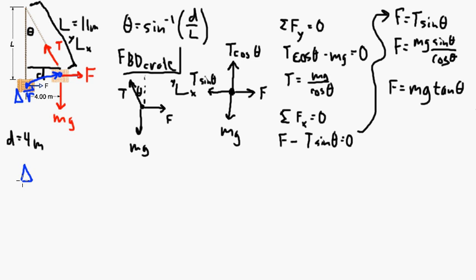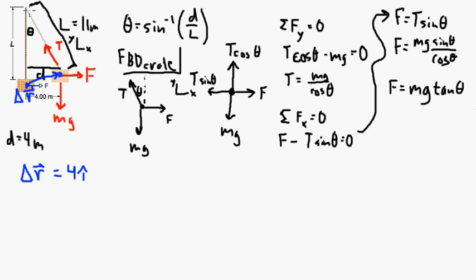Well, delta R equals, and it goes 4 meters horizontally, remember? So 4 i hat meters. I'm going to leave the units off for a minute. And how many meters does it go vertically? Well, it goes up. It starts off hanging 11 meters down from this thing, but when it moves to the right, it shifts up a bit because the length of this rope stays 11 meters.